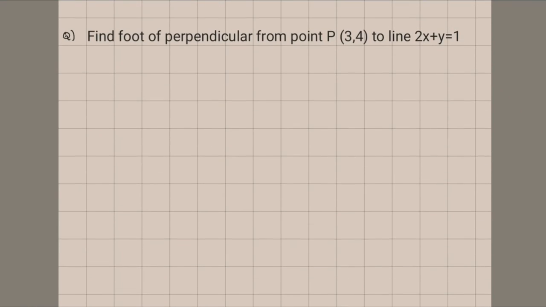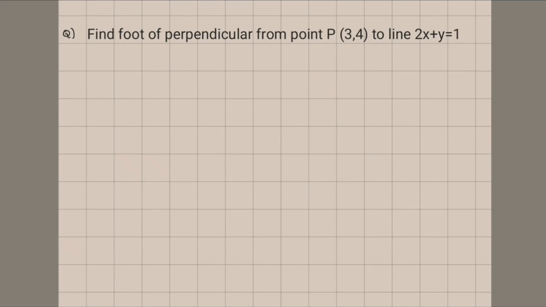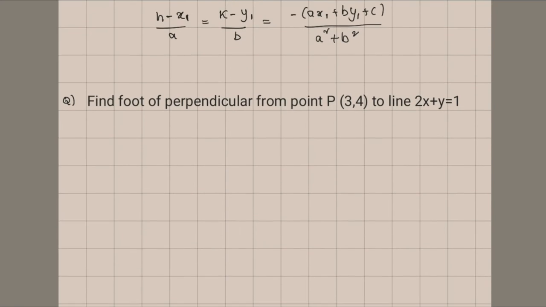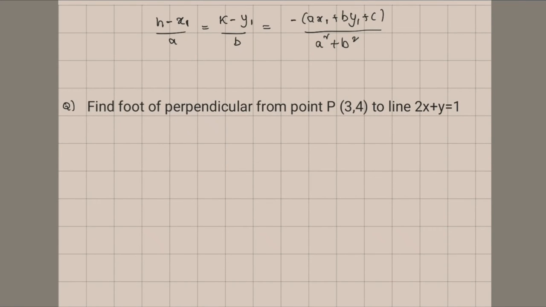Let's do a small example. Find the foot of the perpendicular from point P to the line L: 2x plus y equal to 1. From this equation, (h minus x1) by a, where h minus x1 is nothing but 3, a is 2, this is a, this is b, b is 1, this is minus c, this is x1, this is y1.